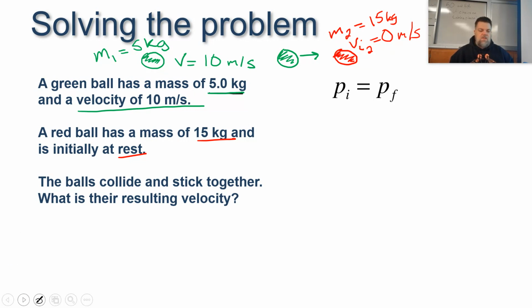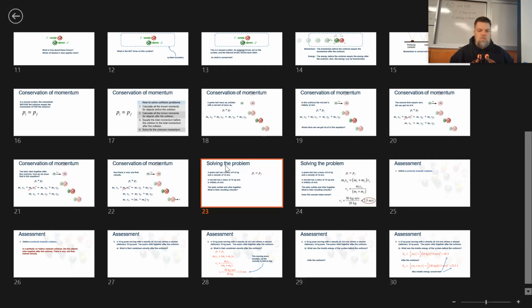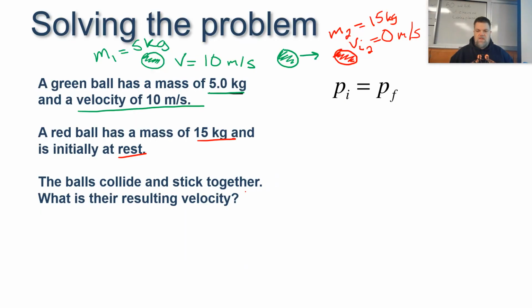All right, so how do I do this problem? Well, the first thing I need to do is I know that the mass of the first object times the initial velocity of the first object has to equal the mass of the first object times the final velocity of the first object.